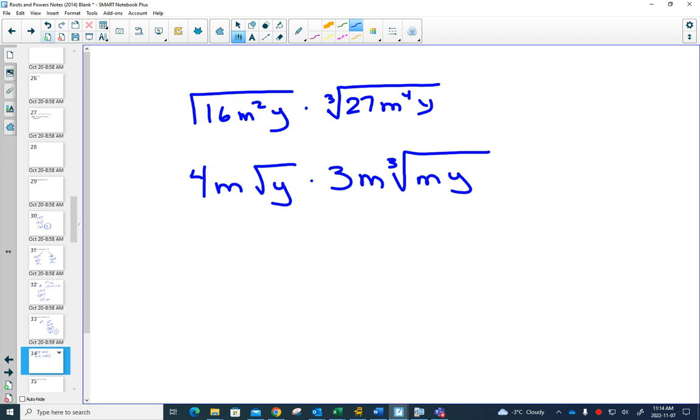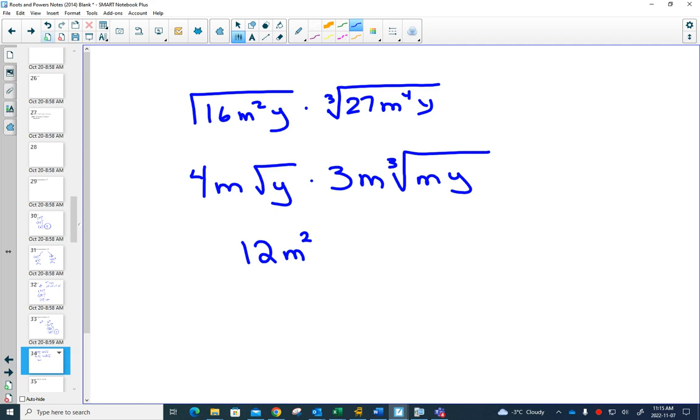So currently, before I change things to fractional exponents, now I have a 4, an m, a square root, a 3, an m, a cube root. Can you see that you can put the 4 times 3 together? That would give you 12. Can you see that you could put the m and the m together? That would give you m squared.